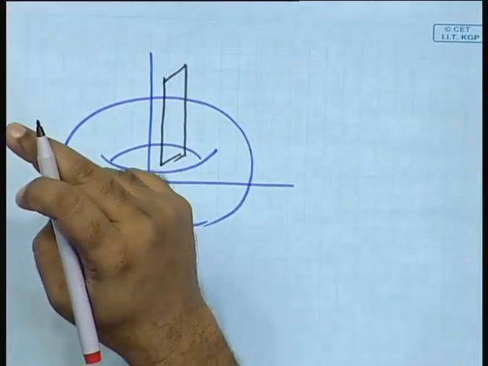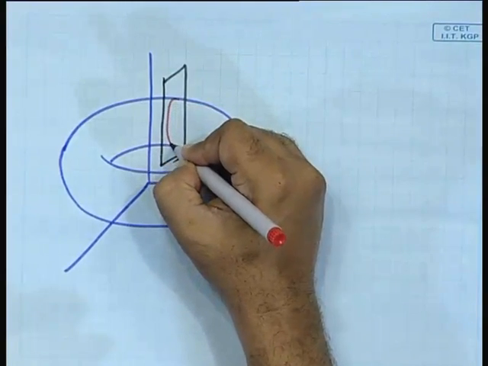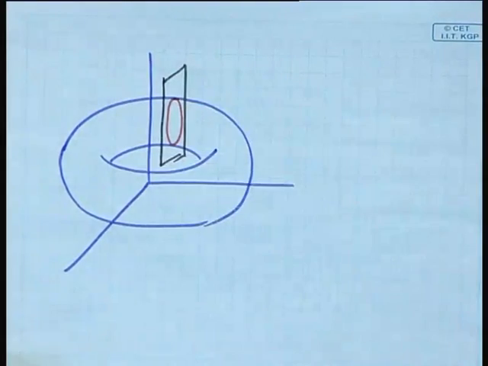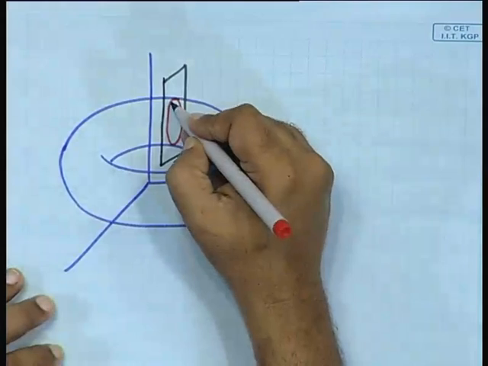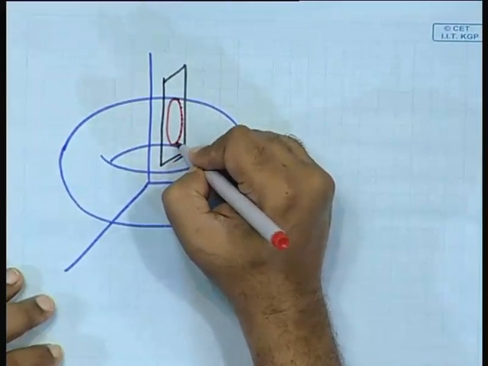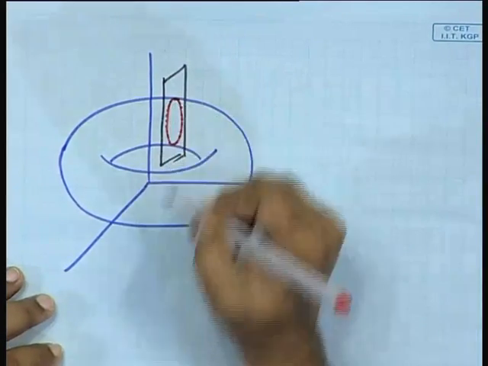How will that look? A closed loop, and on that there will be actually infinite number of points on this closed loop.